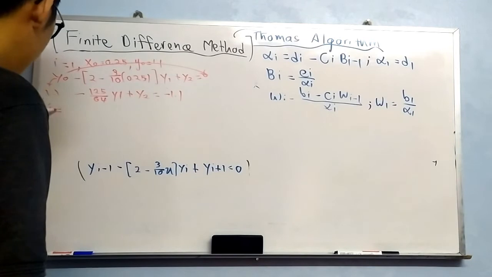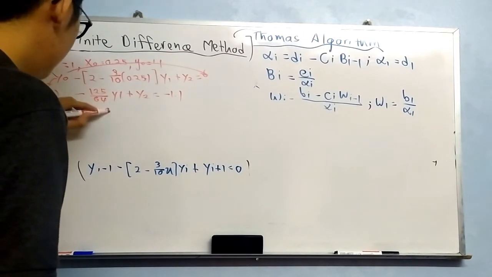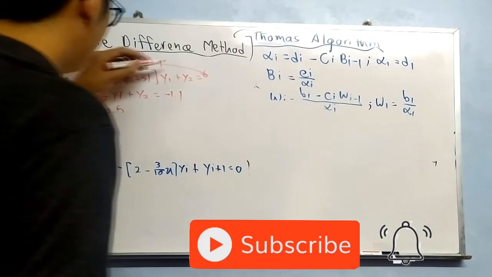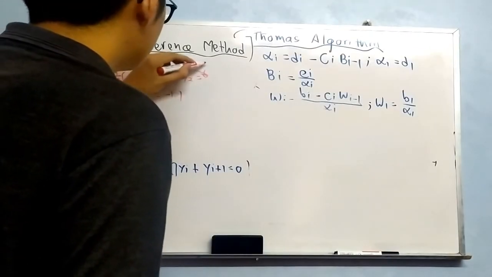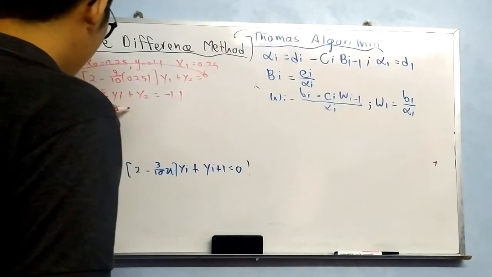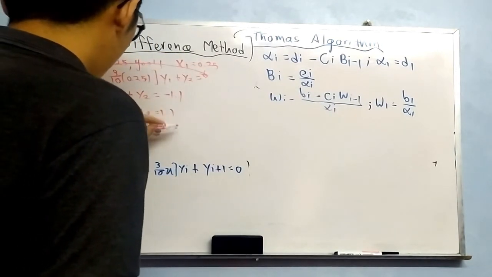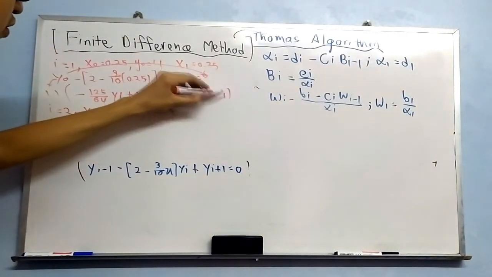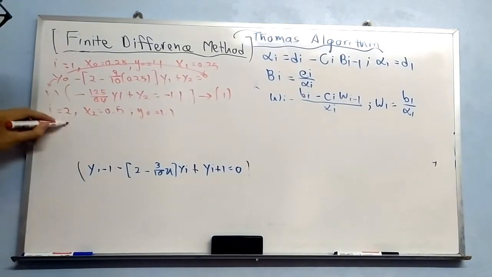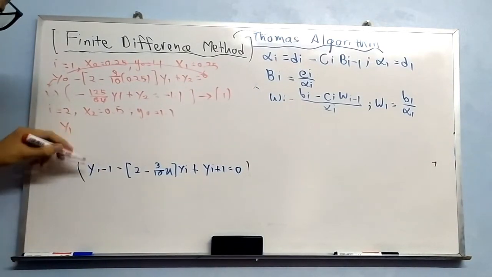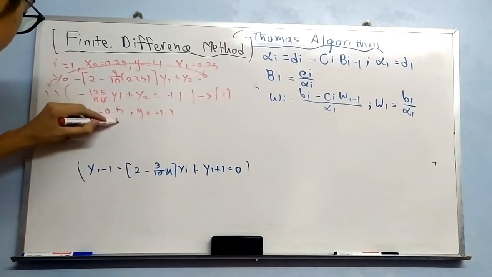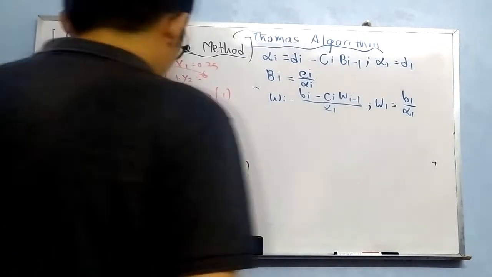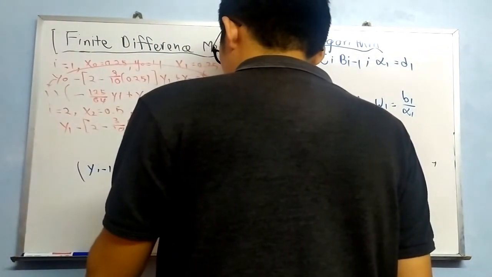Now let's proceed to i equals 2, x2 equals 0.5, y0 equals 1.1. So we substitute into the equation y1 minus 2 minus 3 over x, y2 plus y.